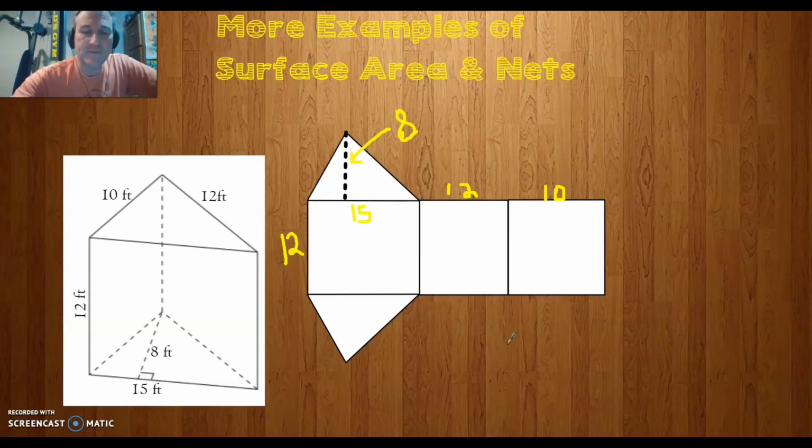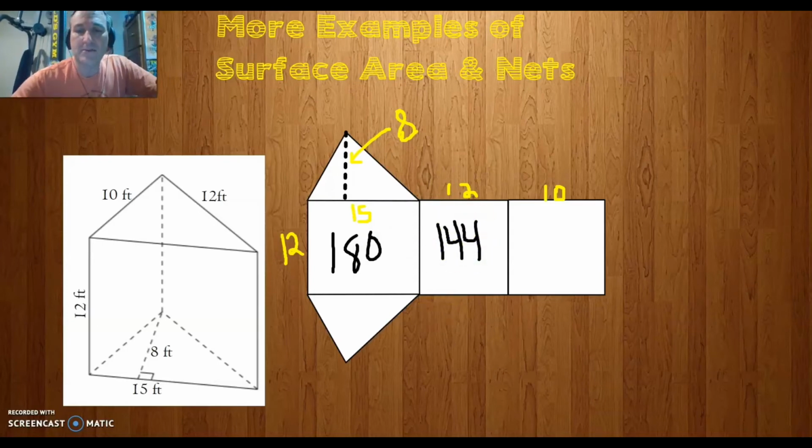So I have a 12 by 15. If you want to do it this way, I take 15 times 10 here, that's 150. 15 times 2 is 30. So then you add those together and you get 180. Here's a 12 by 12. If you multiply that together, you get 144. And a 12 by 10, and you get 120.